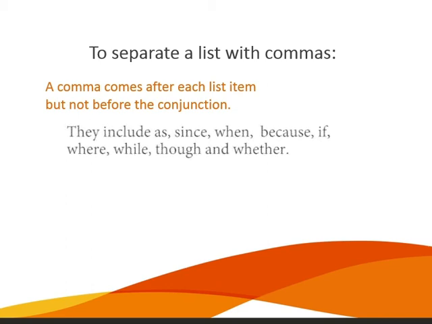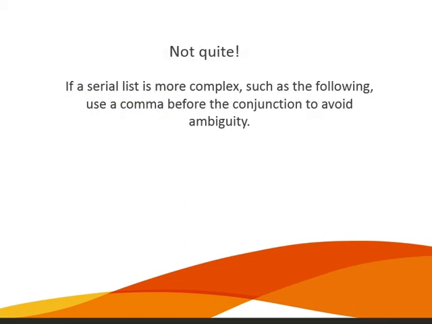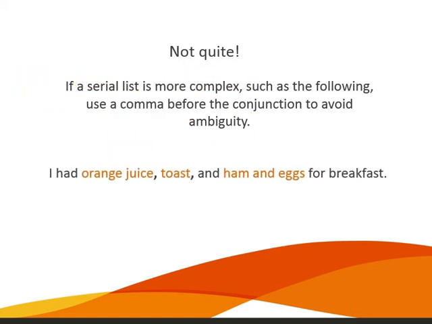They include as, since, when, because, if, where, while, though, and whether. Yay, we're all done. Not quite. If a serial list is more complex, such as the following, use a comma before the conjunction to avoid ambiguity. I had orange juice, toast, and ham and eggs for breakfast.